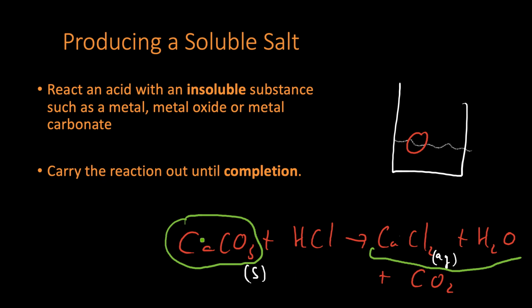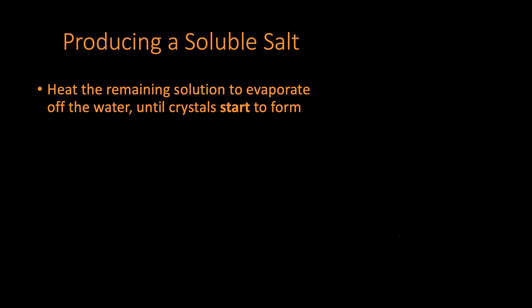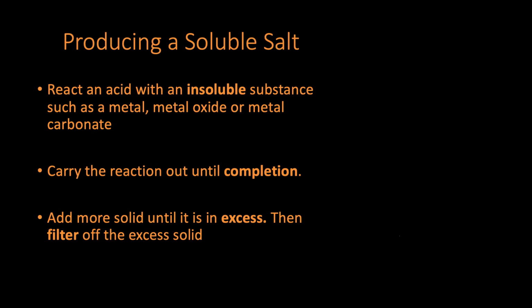That's cool because now we can separate those things. So then what do we do next? Okay, right, great picture. Then hang on, I skipped on to the next slide. So then what do we do next? We filter off the excess solid, right? That's the part I didn't say. We filter off that excess solid.